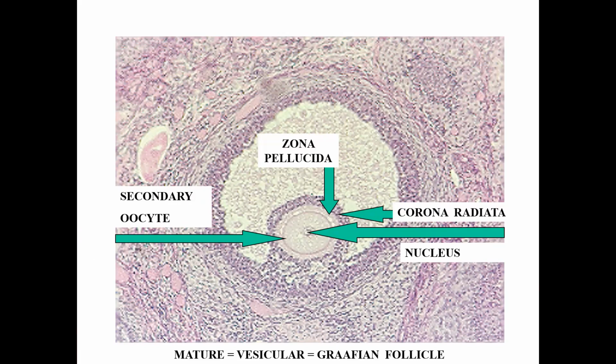The zona pellucida in particular is the lining of the egg that the sperm cells have to get through. It takes thousands of sperm cells to digest away the layers to get to the cell membrane of the egg. If the sperm cell doesn't get into the cell membrane, nothing happens.